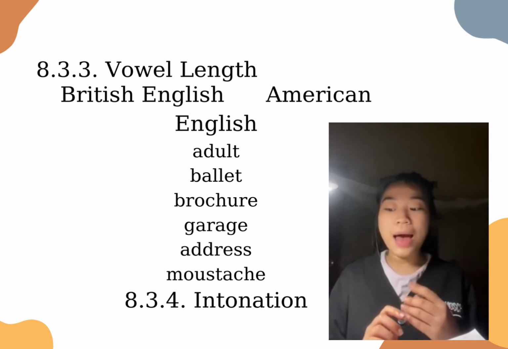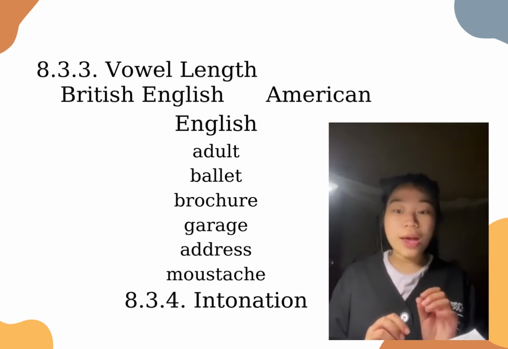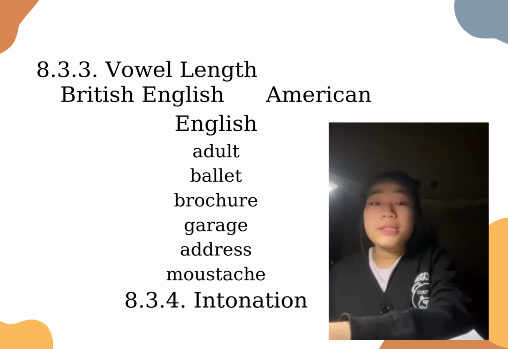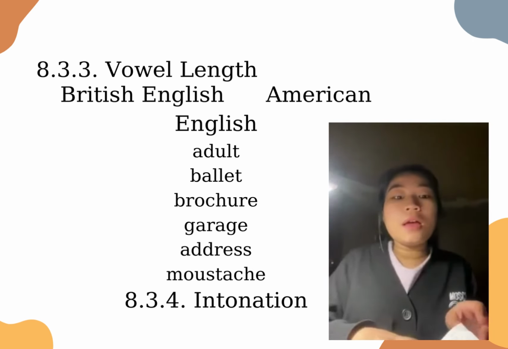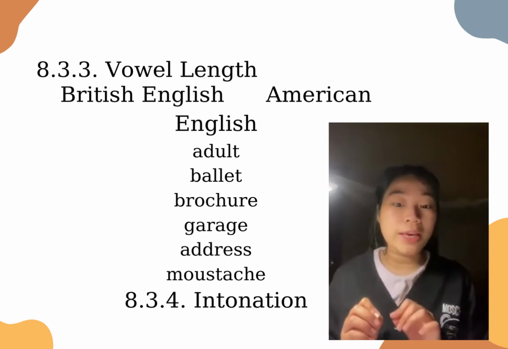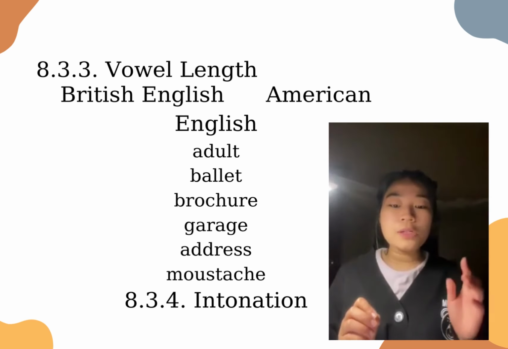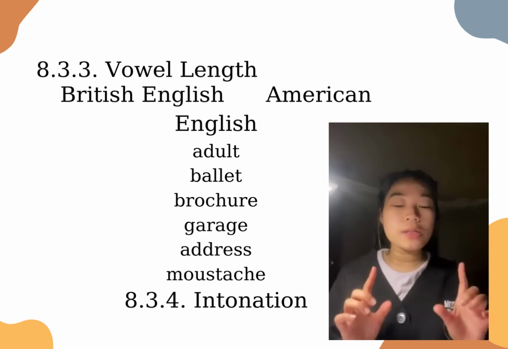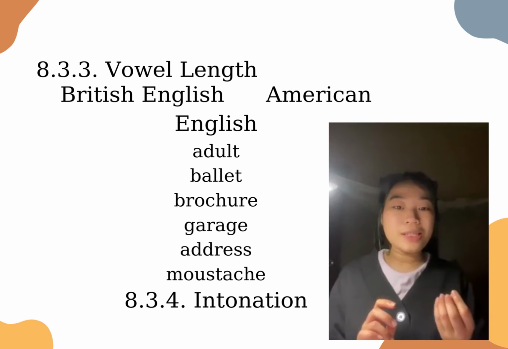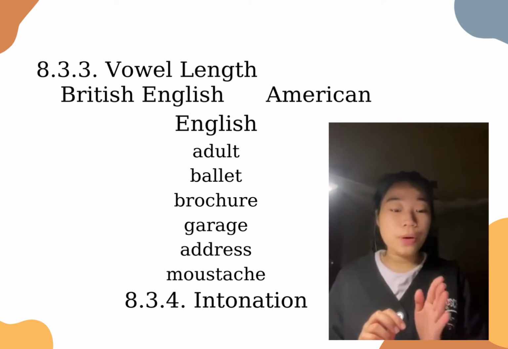Adult, ballet, and garage are examples of terms stressed differently in American English. Particularly those of French origin, where American English preserves the final syllable stress, while British English keeps the first syllable stressed. But this is inversed in the words address and mustache. I will give you some examples of this.